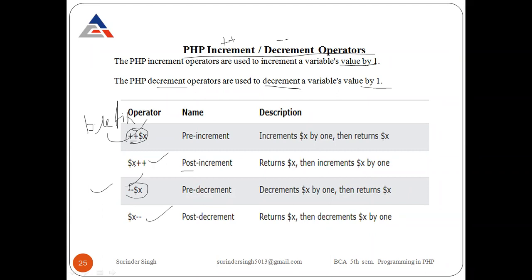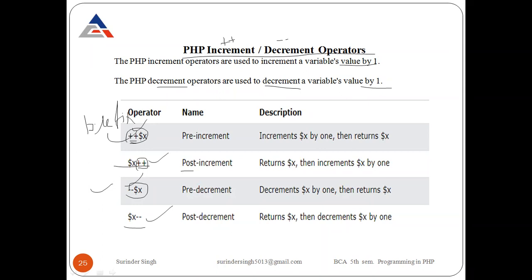In postfix, post means after. In post increment or decrement, the operator symbol comes after the operand, and the increment or decrement operation will be performed after. First the value of the variable will be used for any operation, then the value of the operand will be incremented or decremented.